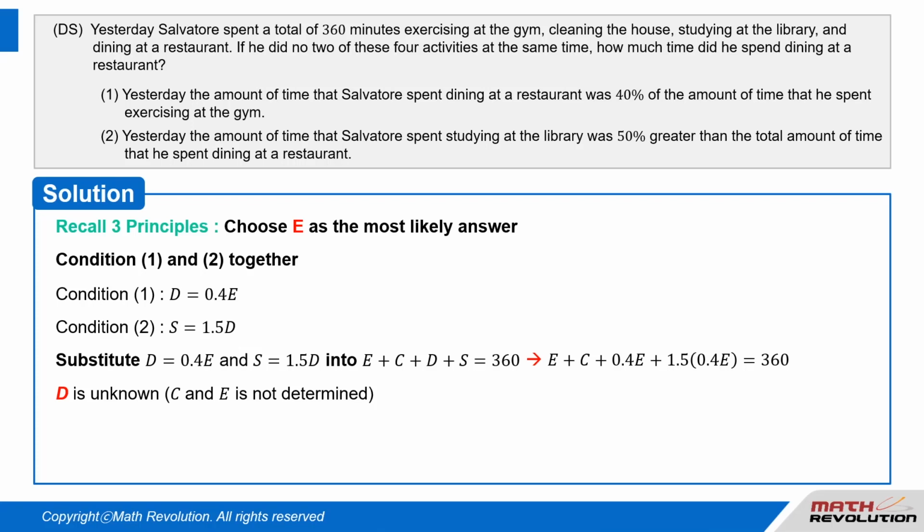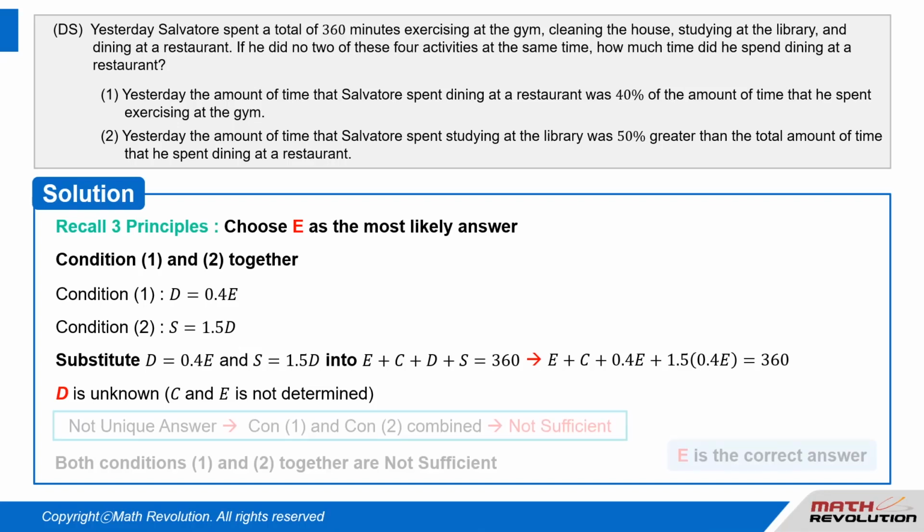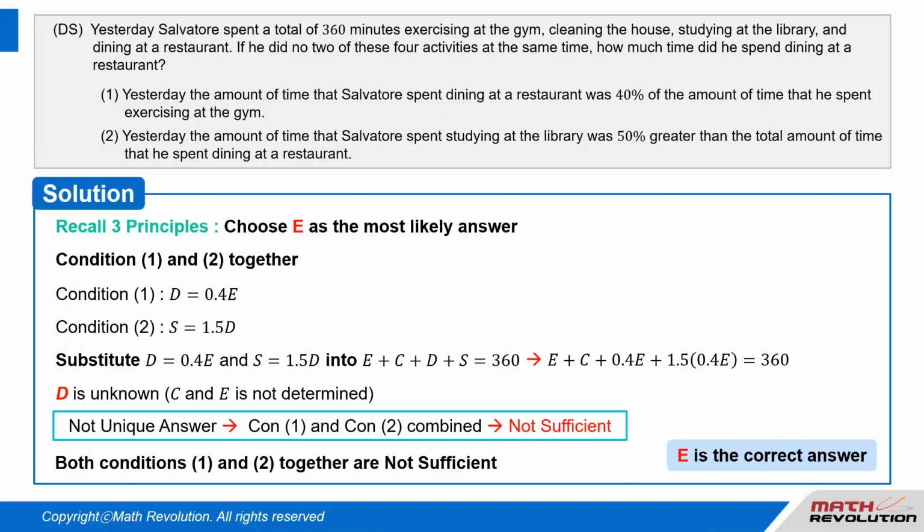But we still cannot find the unique value of D since we cannot determine the values of C and E. The answer is not unique, so conditions 1 and 2 combined are not sufficient.